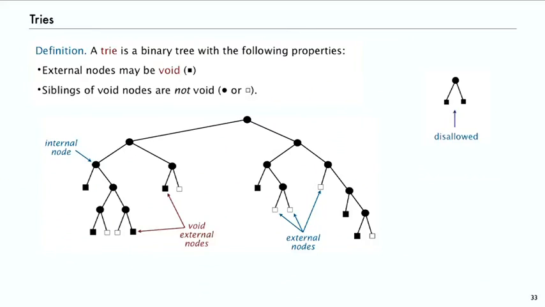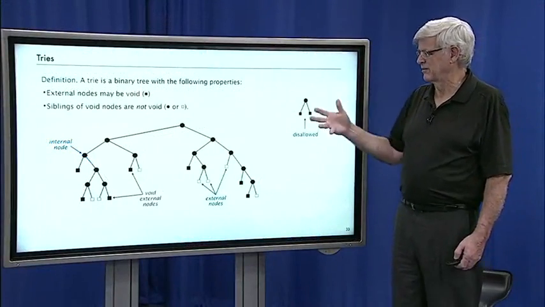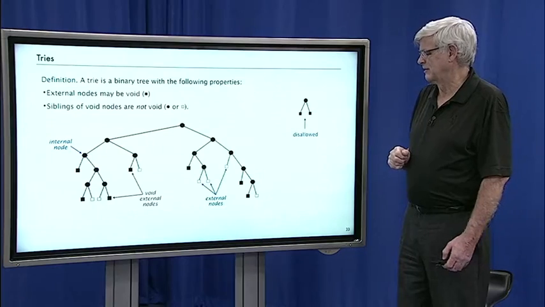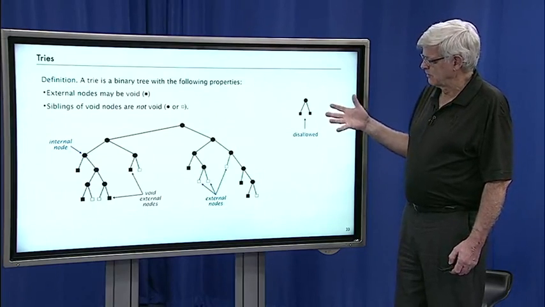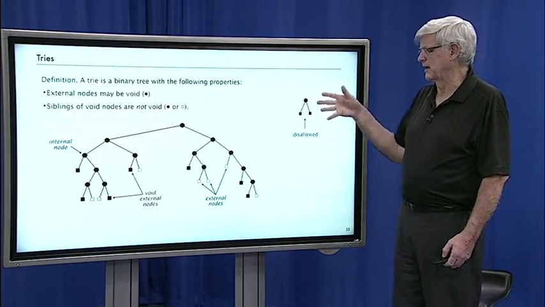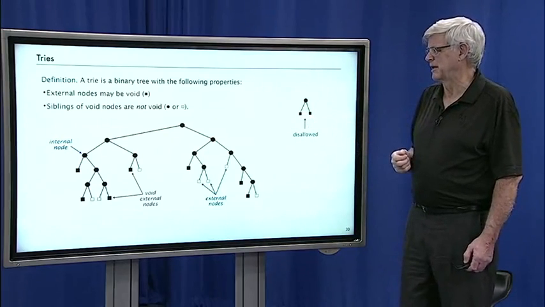Now there's a rule, and that is that you can never have two void nodes that are siblings of each other in a leaf. So the sibling of a void node is not void. That's the rule. So that's what a trie is. Now that seems kind of arbitrary, but you'll see when we look at applications how these rules play a role.